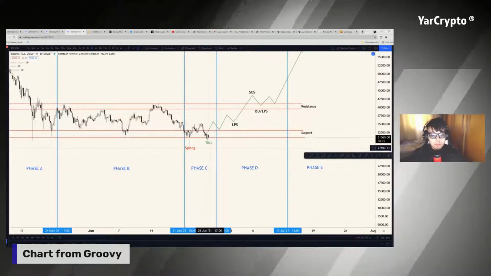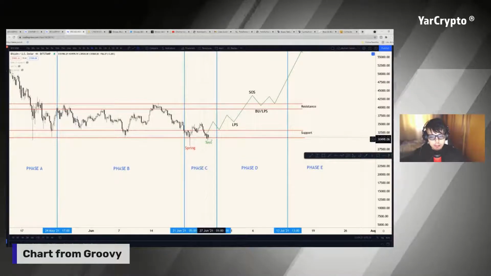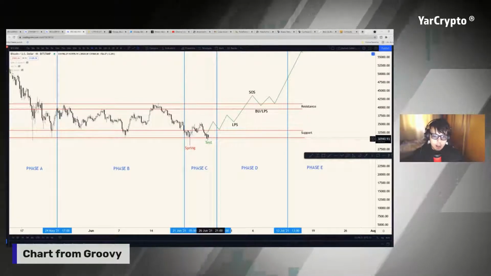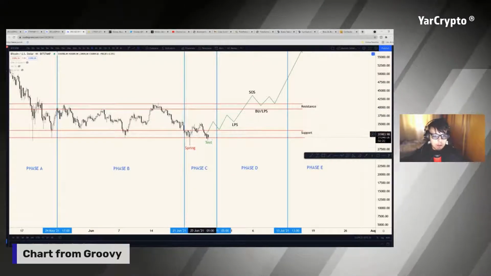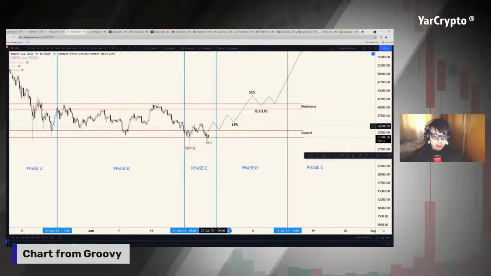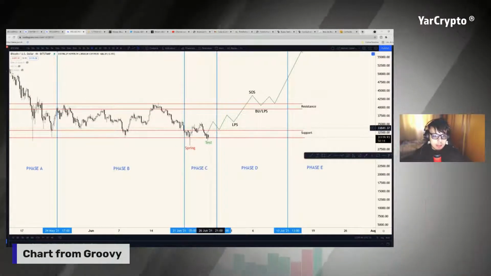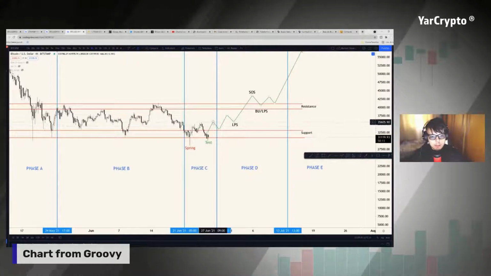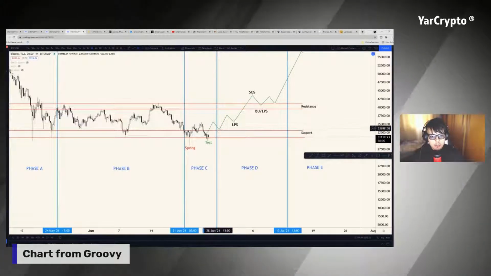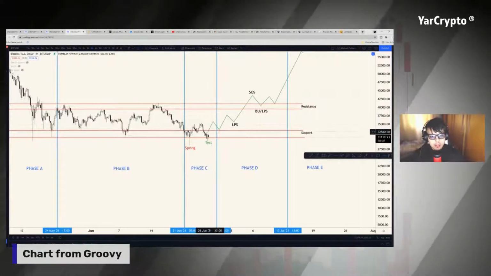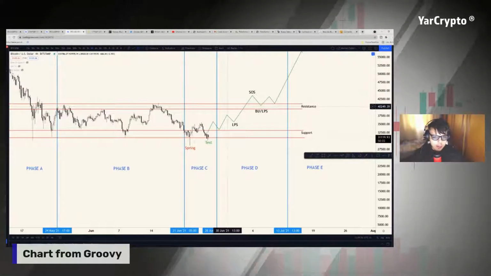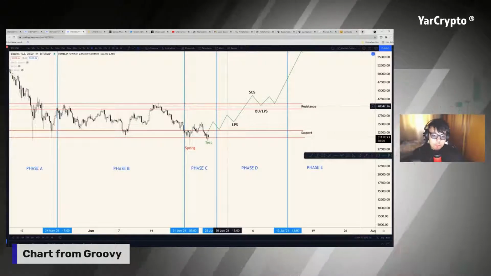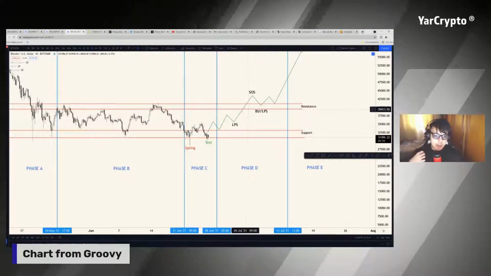We are currently testing it right now, and if we bounce from this area and we continue up, then this can potentially validate the whole model, and we could probably see this model play out, where we go up from here and retake probably the 40k, 41k level, something like that, and then we continue up from there.